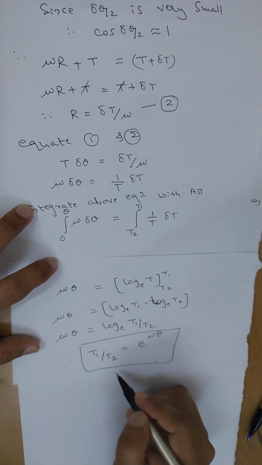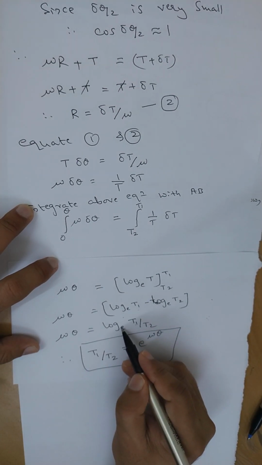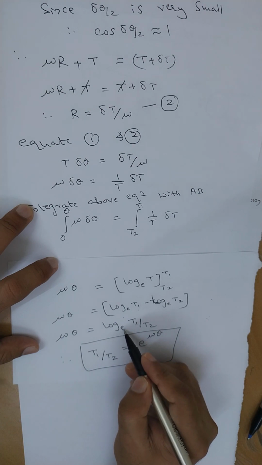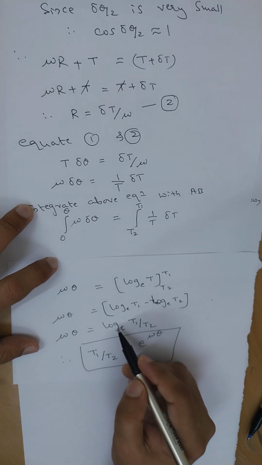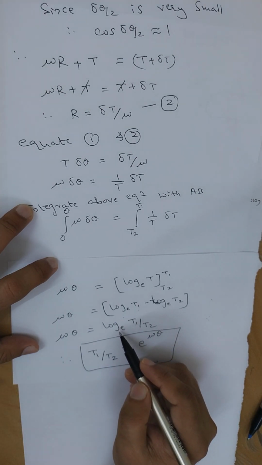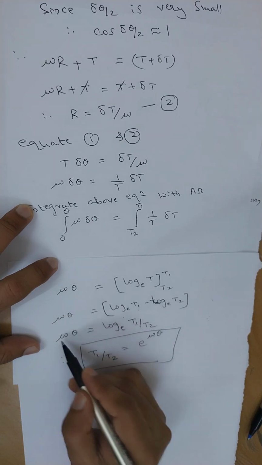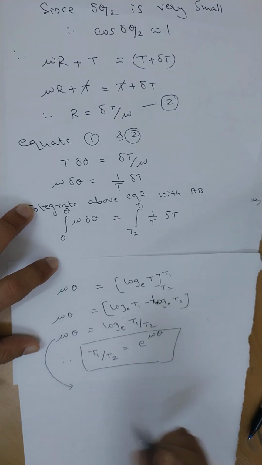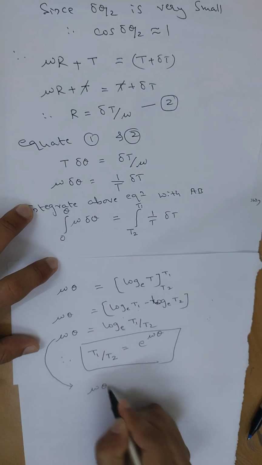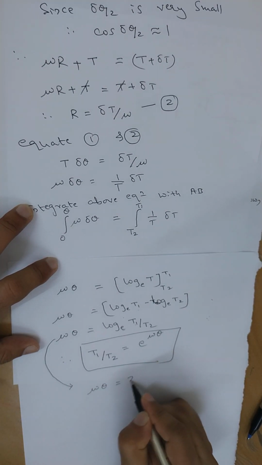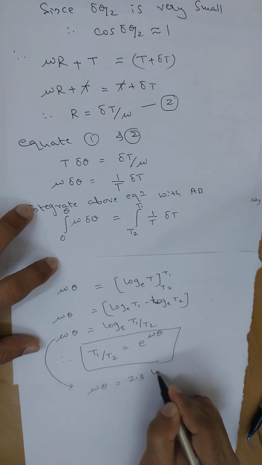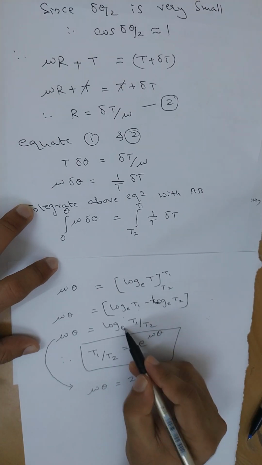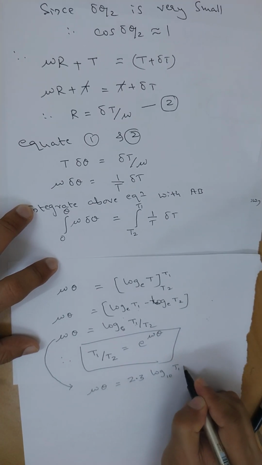One more equation you can use: if we convert log to the base e in terms of log to the base 10, how will we get this equation? You can also simplify it as mu into theta equal to 2.3 log to the base 10 of T1 by T2.